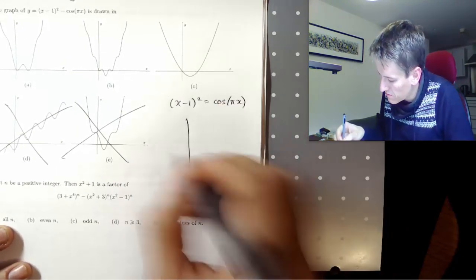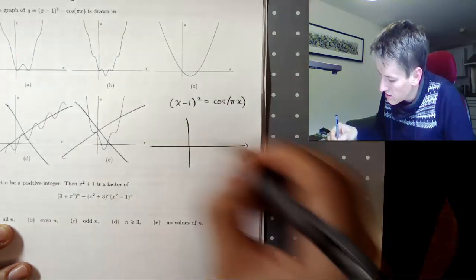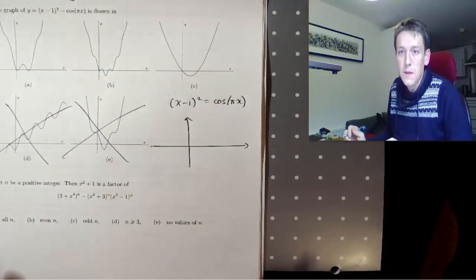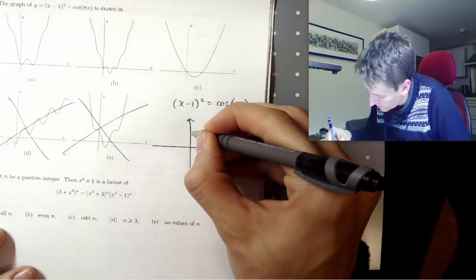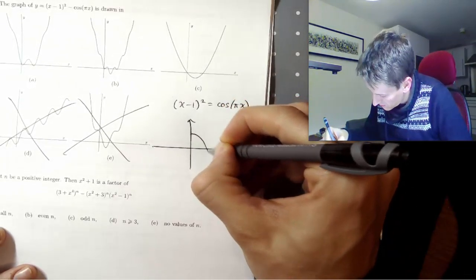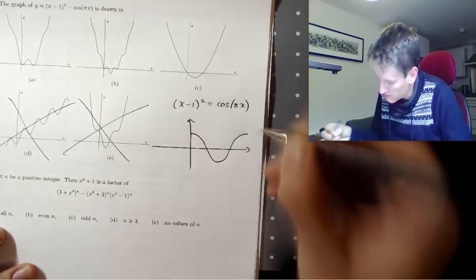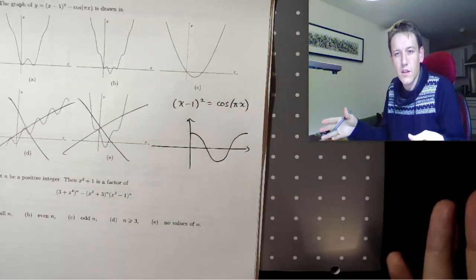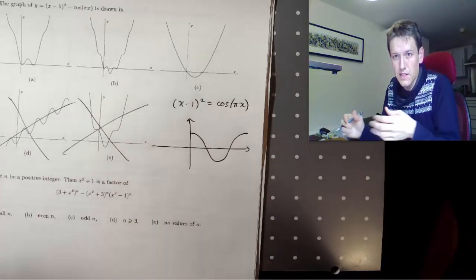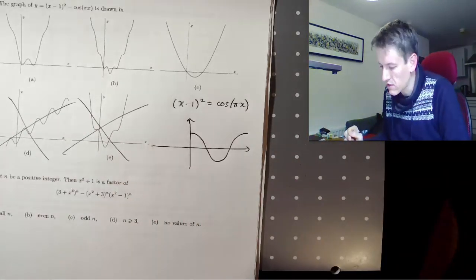Cos of pi x, and we're in radians here, is just the cosine graph squashed by a scale factor of pi in the x direction.